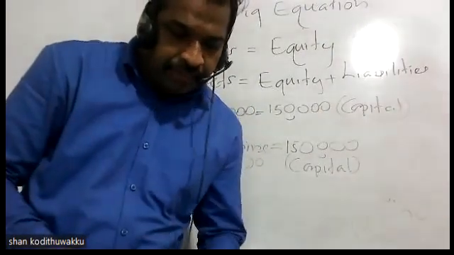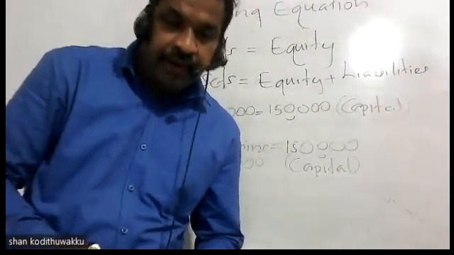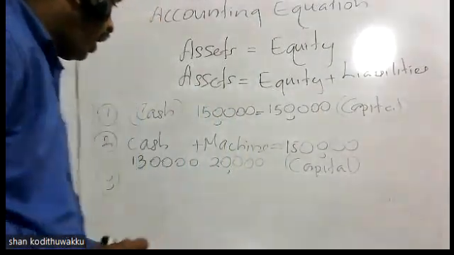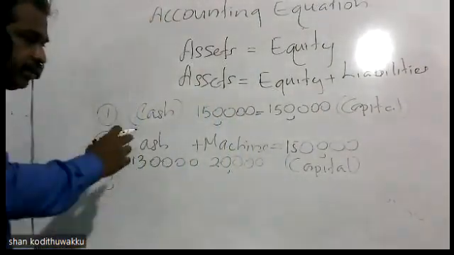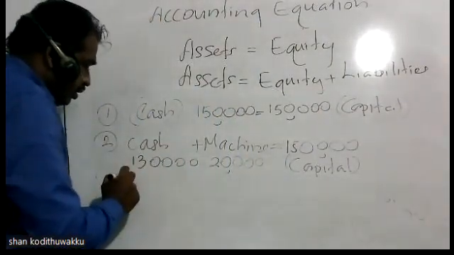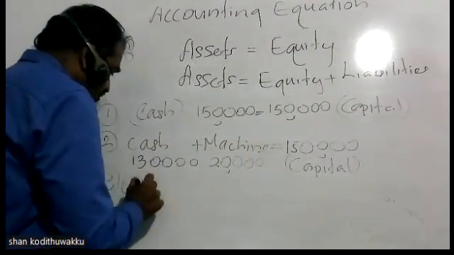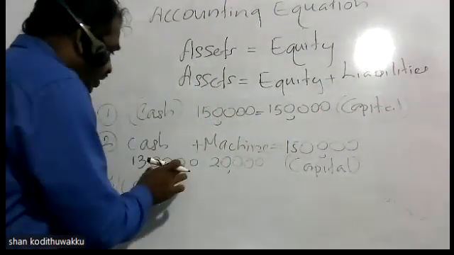Next transaction. Mr. Silva has obtained a bank loan for 150,000. Then cash will increase by another 150,000.